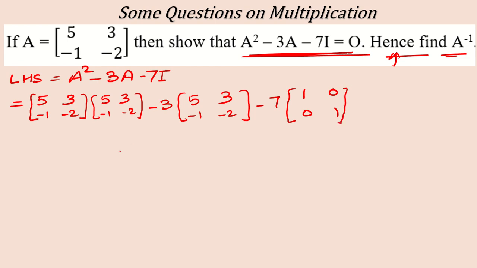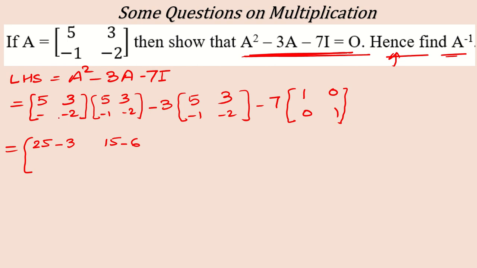In types of matrices I explained this thing. Okay, now multiply them. How will you multiply? First row and first column. So it will be 5 times 5, 25, 3 times minus 1, minus 3. Then first row and second column, 5 times 3, 15, and 3 times minus 2, minus 6.